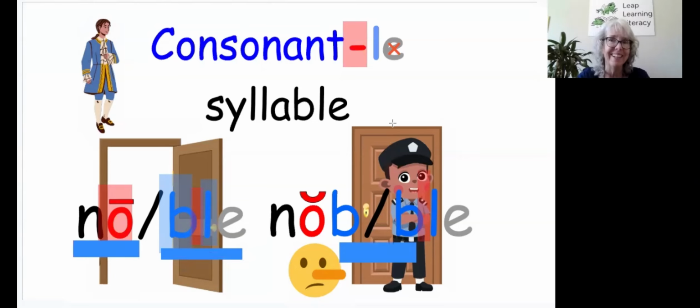I don't always do that with other syllables, but with this one, because you chop in front of the consonant LE, I do. That leaves this a short syllable, and the vowel says ah, as in nobble. Well, what is nobble? Well, nobbling is dishonesty. He was nobbling. He wasn't telling the truth.